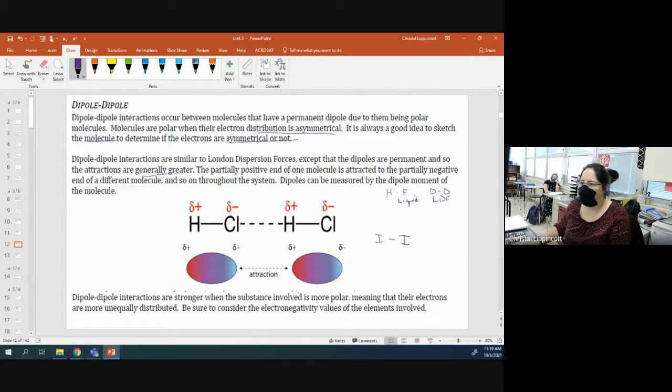I believe it's a liquid at room temperature. Yeah, it's a liquid. Okay. I2 is only LDF. This is a nonpolar molecule. This is a solid.